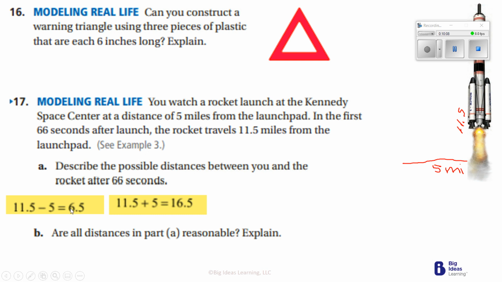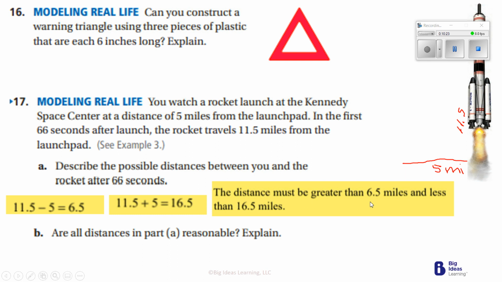You could be, since this is a distance of 5 miles from the launch pad, you could be, let's see, taken away 5, or you can add 5. So the distance must be greater than 6.5 and less than 16.5.